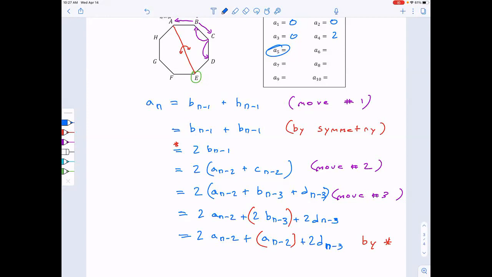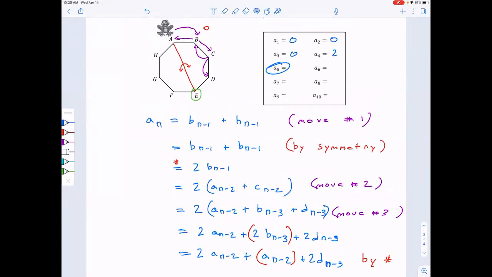Now something else kind of interesting happens when the bug is at D, because most of the time when the bug is at D, if we think about our frog here at vertex D, trying to grab it there, most of the time I have to go back to C. You can go directly to E, but once you're there, you must stay there.